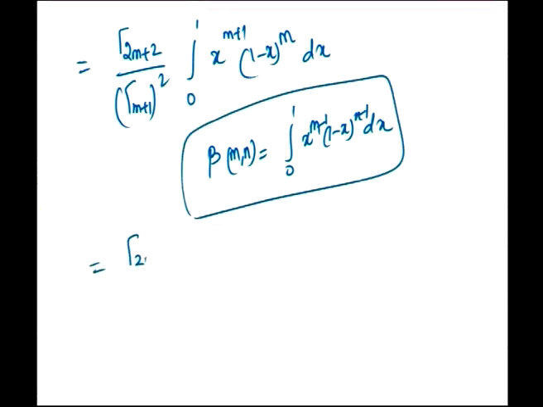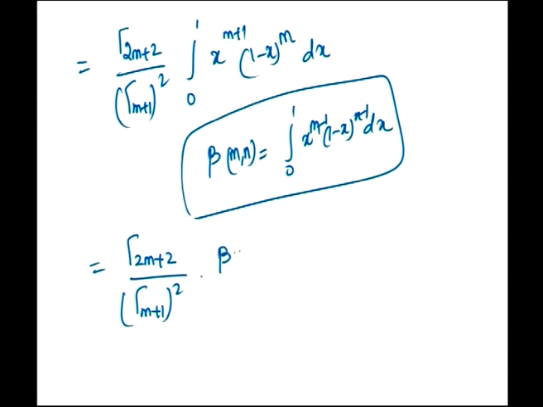So, here you will be having gamma 2m plus 2 by gamma m plus 1 whole square written as it is. In the place of m minus 1, you are having m plus 1. For the formula, m minus 1 becomes m, so 1 has to be added here, and similarly for n minus 1, 1 has to be added to become n. You will be having m plus 1.